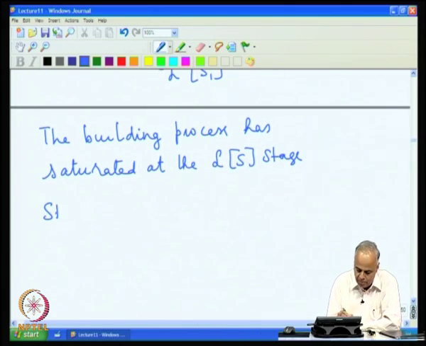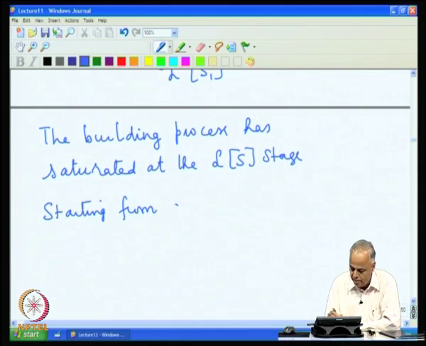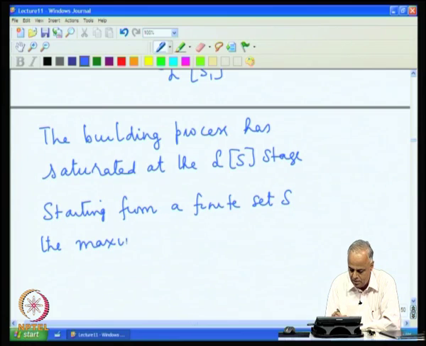So, starting from a finite set S, the maximal construction or building we can do.